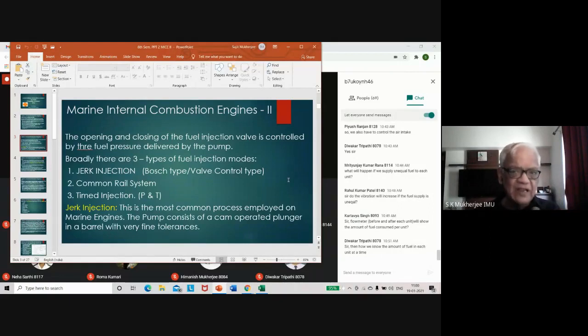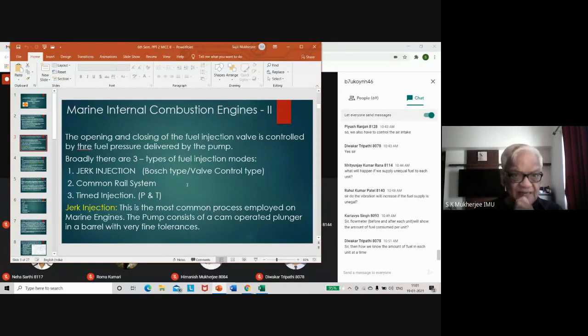The second one is the valve control type. This is also a very important one, and Sulzer and its licensee manufacturers are the ones which use the valve control type. Both are very important, both are brilliant designs, and if you have any other design, possibly there are other designs, but most of them are makeshift.